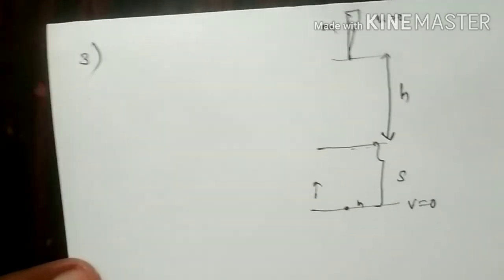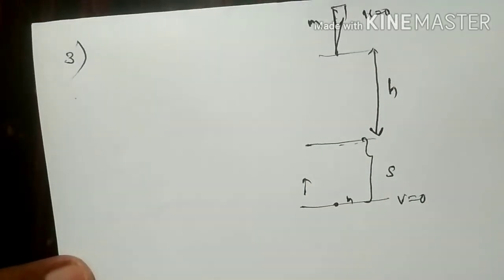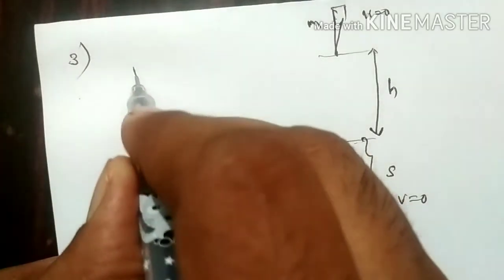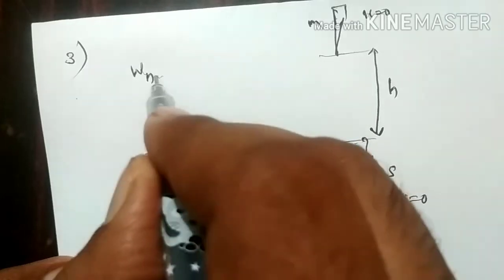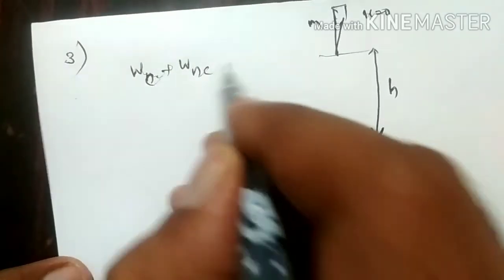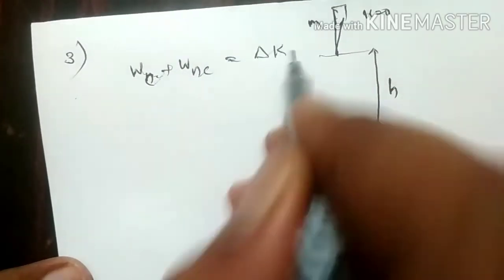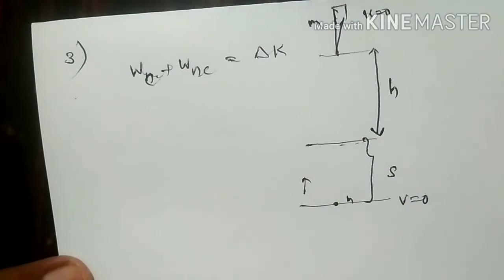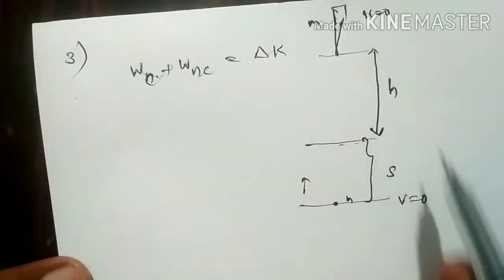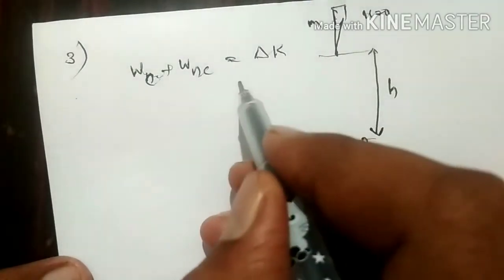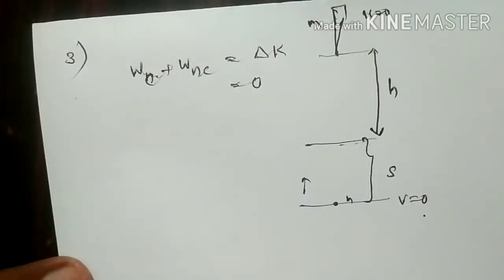So I am going to apply the work energy theorem. The work energy theorem means work done by conservative force plus work done by non-conservative force is equal to delta K, the change in kinetic energy. Initial kinetic energy and final kinetic energy are both 0, hence delta K is equal to 0.